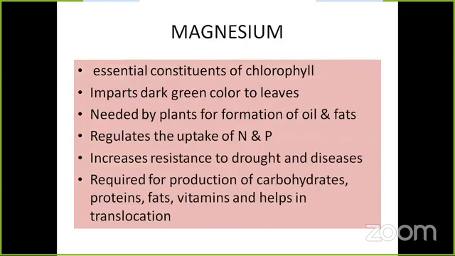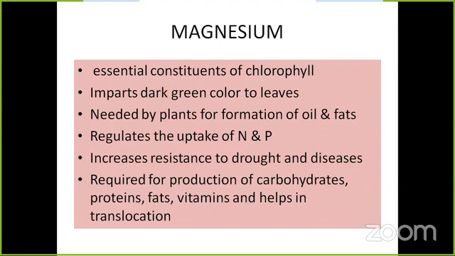Next is magnesium, the next important nutrient. It is an essential constituent of chlorophyll, imparts dark green color to leaves, and is needed by plants for the formation of oil and fats. So in case of oil crops like sunflower and mustard, magnesium content becomes very important.